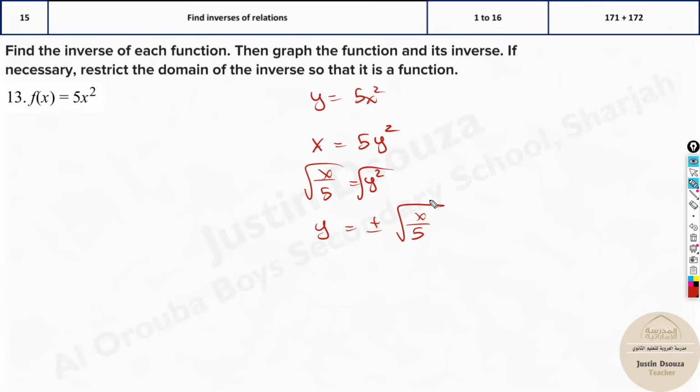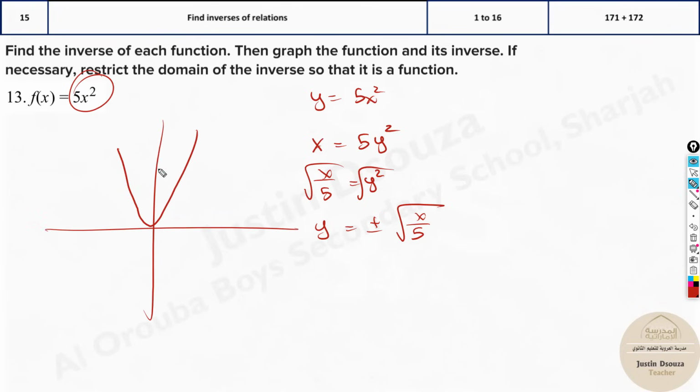Now what happens is, it's a square root function and you have plus and minus. Now if you see this, originally it was a parabola, something like this, right? Phi means it'll be a little thinner. It's something like this. Now square root function, this inverse, I've told you it will be along the 45-degree line. X is equal to y. So it must be something like this, and there is minus also.